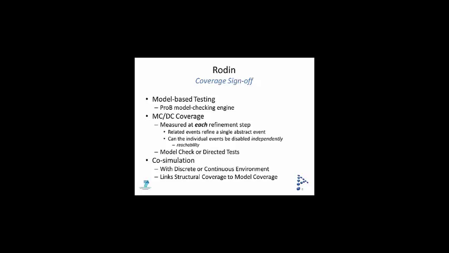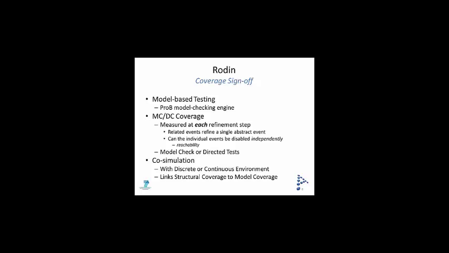So you start off at a very high level with a single abstract event. This may be establish a communication link. So you just have an event in your state machine. I've initialized. I want to establish a link, and I move on. It's an atomic transaction. So you think about it at TLM level. It can be defined as an atomic action. Then as you refine that, you take that, establish a communication link. You want to initiate the link. You want to retry. You want an error. You want to succeed.